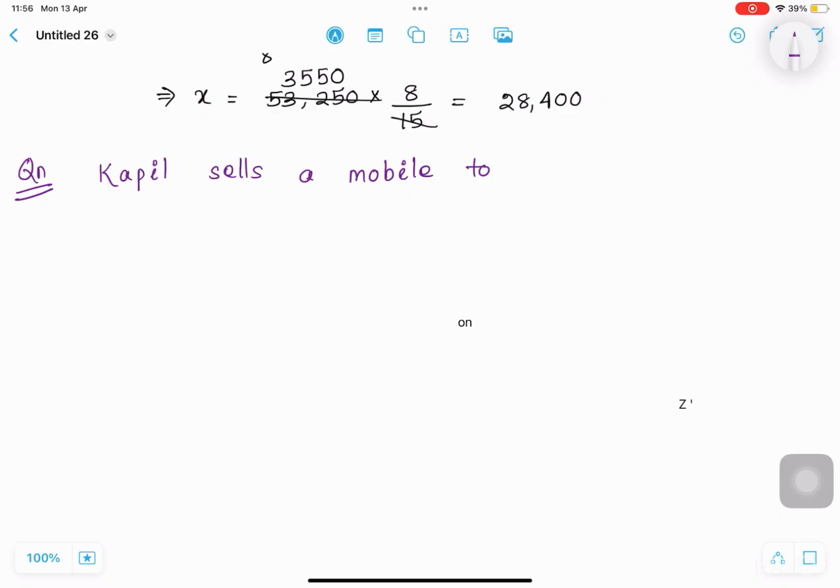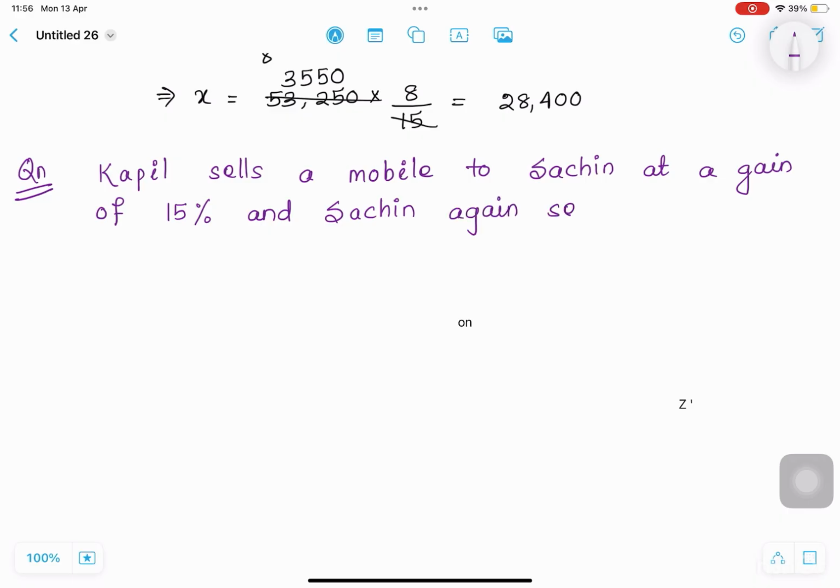Kapil sells a mobile to Sachin at a gain of 15%, and Sachin again sells it to Rohit at a profit of 12%.